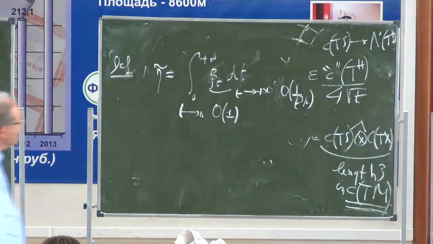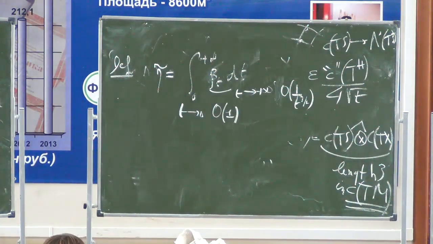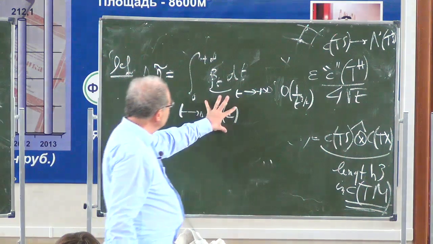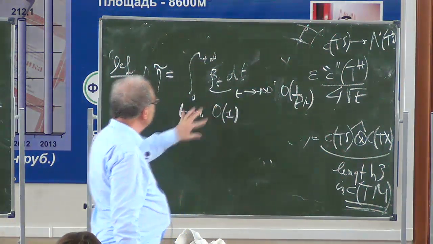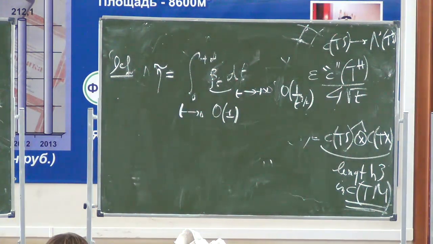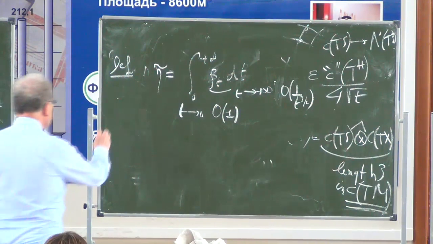Actually, the proof of this is just a consequence of the previous theorem. If you work things properly, you find that this convergence at 0 and infinity is a consequence of it.